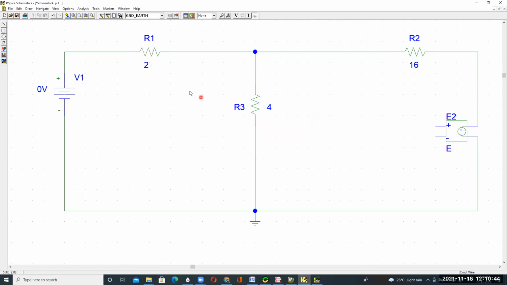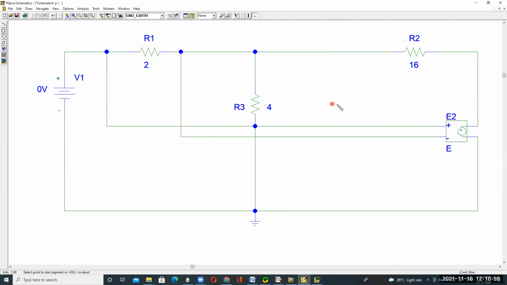This voltage source is depending upon this element. That's why first this starting terminal connects to the resistor's starting terminal, and this voltage source's second terminal connects here.